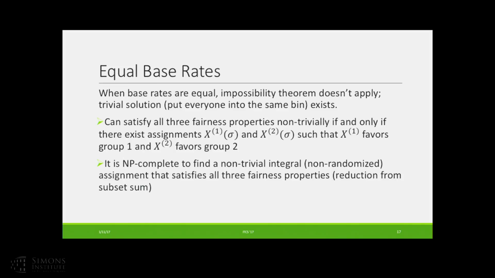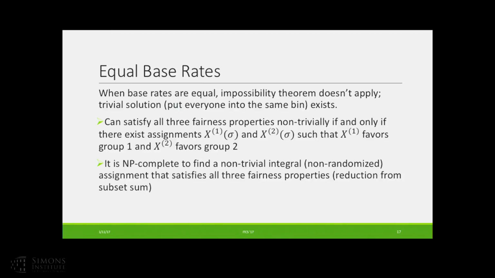So it turns out that when the base rates are equal, here's what we can say. We can satisfy all three of our fairness properties non-trivially if and only if there exist some assignments such that one favors group 1 and one favors group 2. And more specifically, this occurs because the space of feasible assignments for when you have equal base rates is actually kind of a convex set, and you can take nice linear combinations of things.